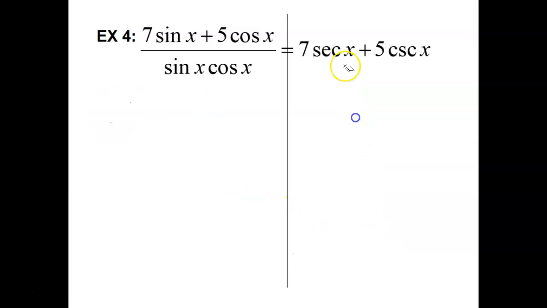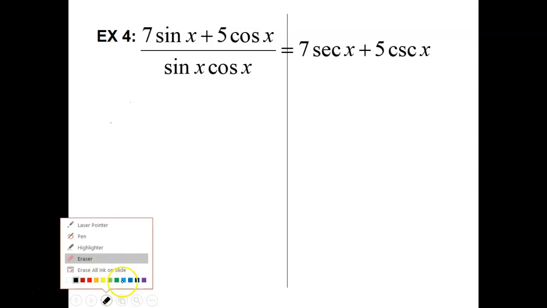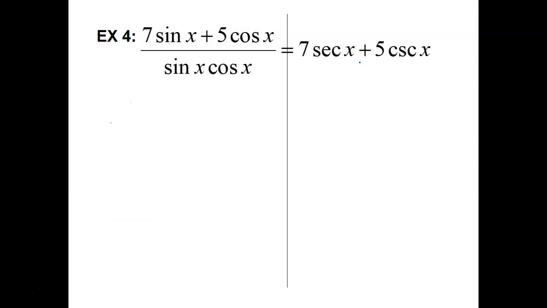All right. So you could choose to only work on the right-hand side instead. So you could make this 7 times 1 over cosine x and 5 times 1 over sine x. Again, you don't necessarily have to write that step.